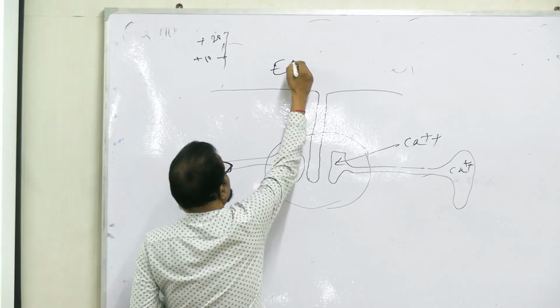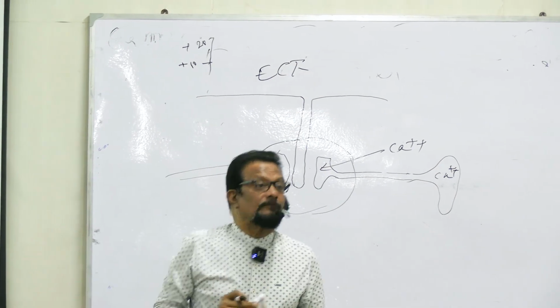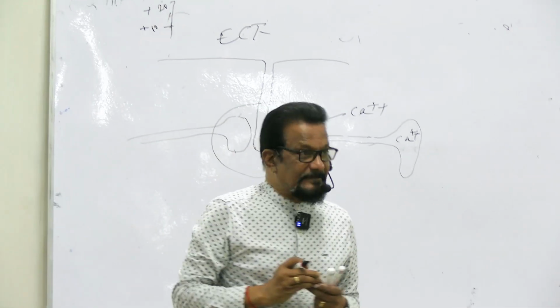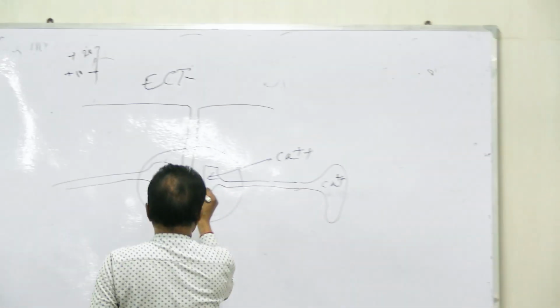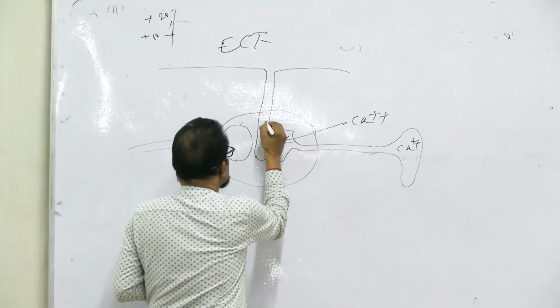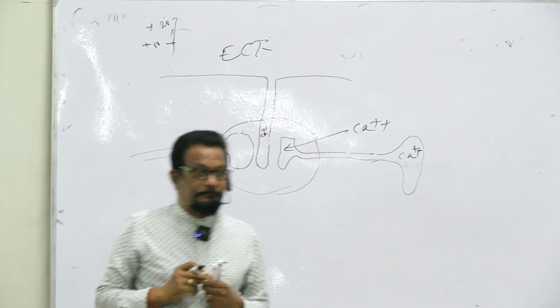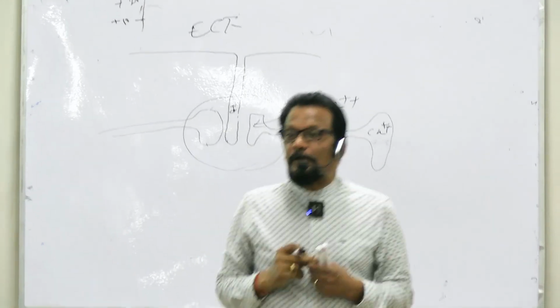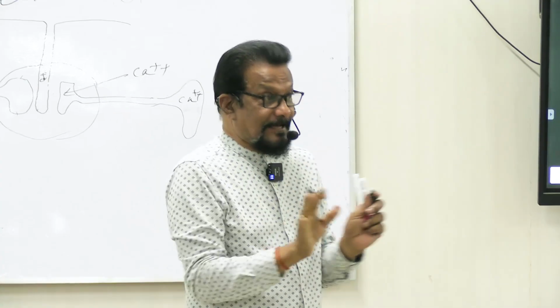This is ECF. Outside the sarcolemma, there is fluid. There is ECF, and ECF may contain calcium ion. So here also you will get calcium ion. Also in the T-tubule you will get calcium ion, but not in the sarcoplasm.